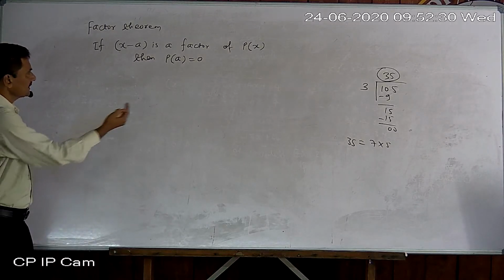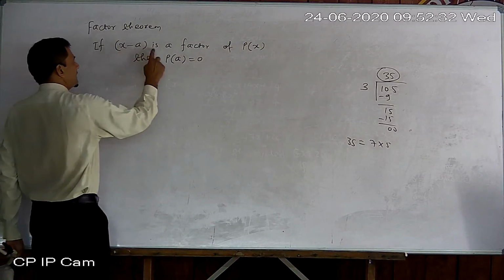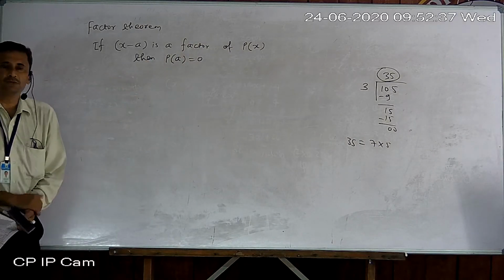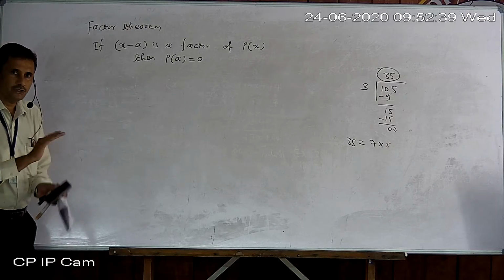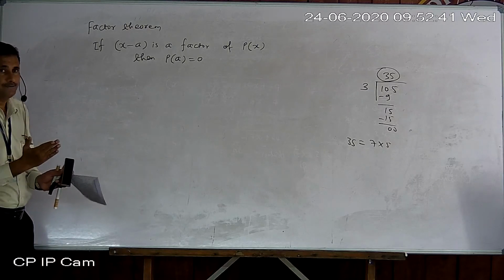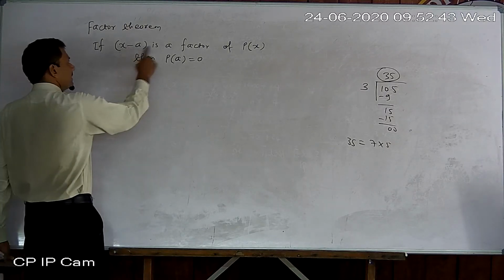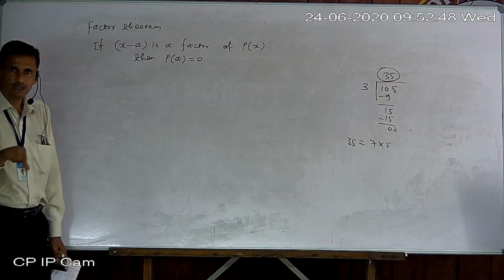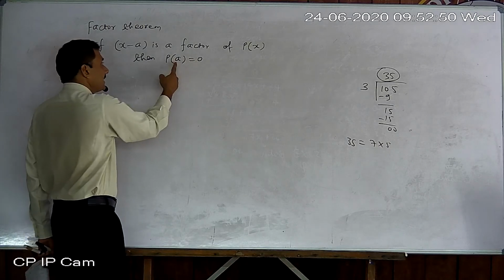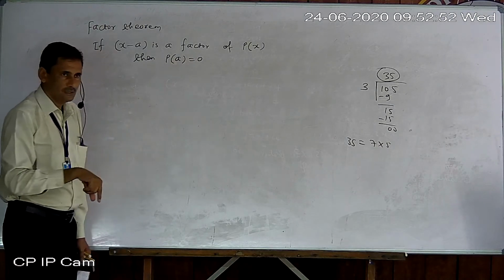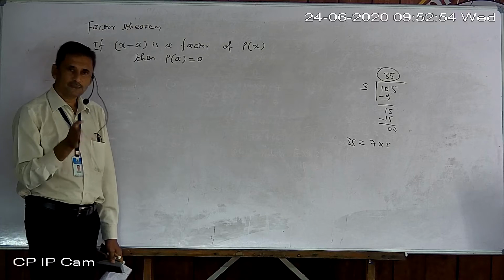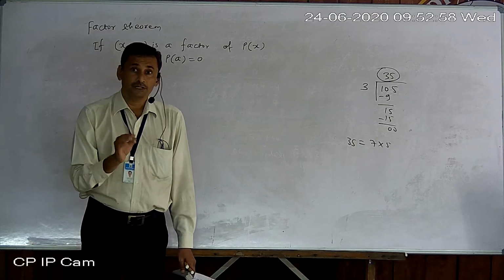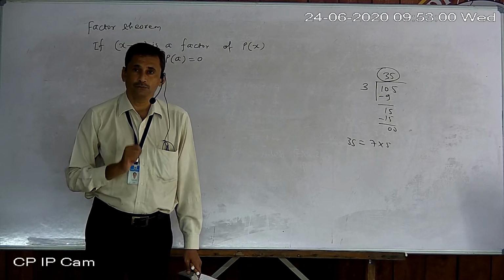Okay, same thing only. In other language, I can say if x minus a is a factor of p of x, then a is a zero of the polynomial. P of a equal to 0 means a is a zero of the polynomial. So if x minus a is a factor of the given polynomial, then a is a zero of the polynomial.